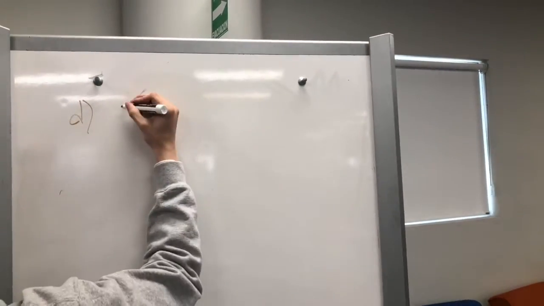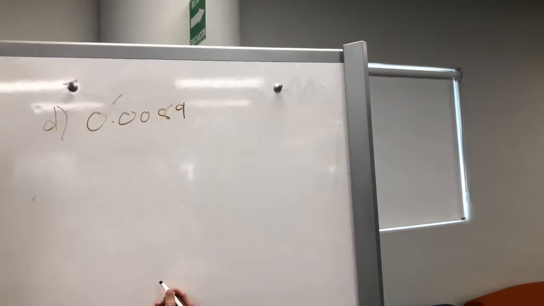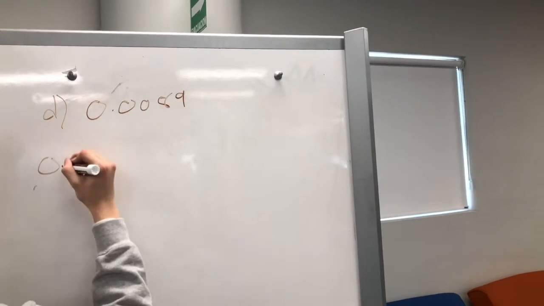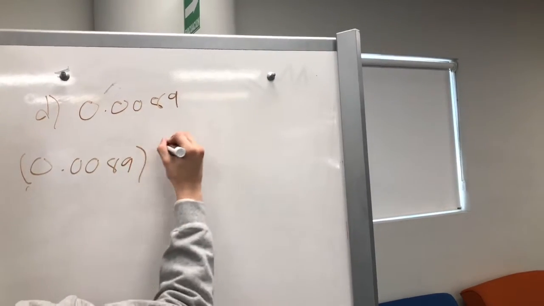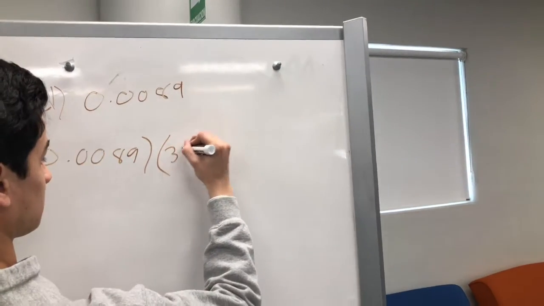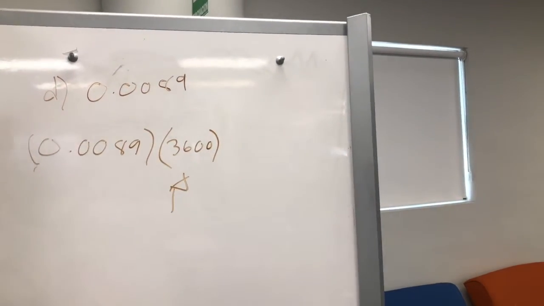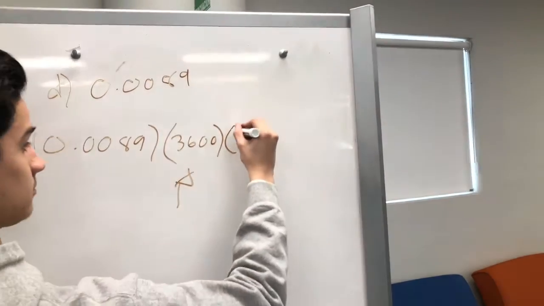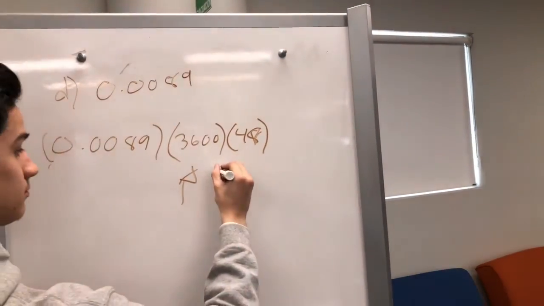So now we're going to be using our percentage, which is 0.0089. We're going to multiply it by 3,600, which is the seconds in an hour. Then we're going to multiply it by 48, which is 2 days exactly.